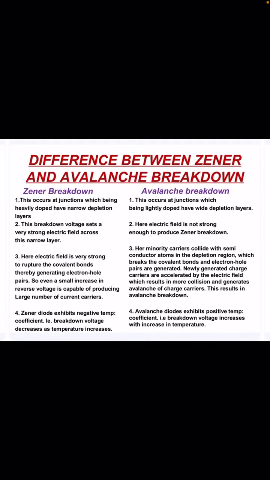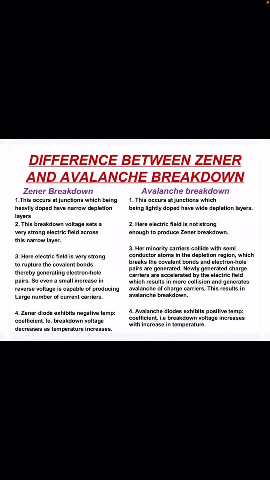Okay, and now we can discuss the avalanche breakdown, or the mechanism of the breakdown. Here I have summarized Zener breakdown and avalanche breakdown, so the mechanism as well as the difference between these two types of breakdown will be clear. For Zener breakdown, first, we should have a heavily doped and narrow depletion layer.